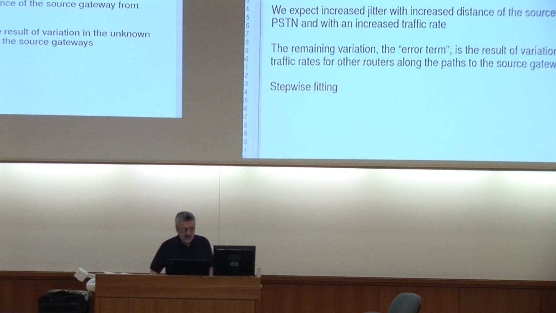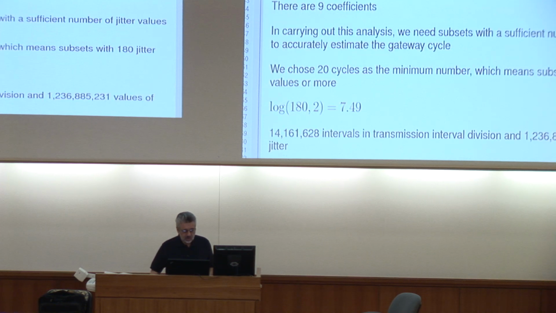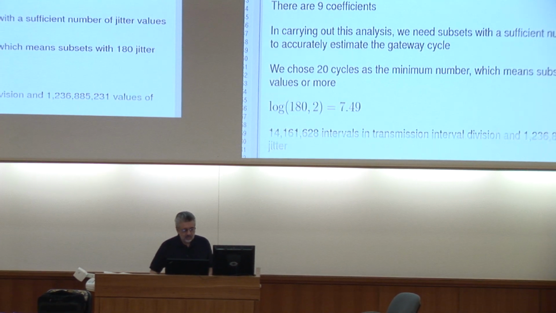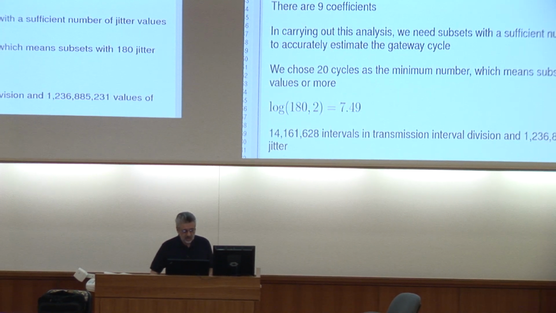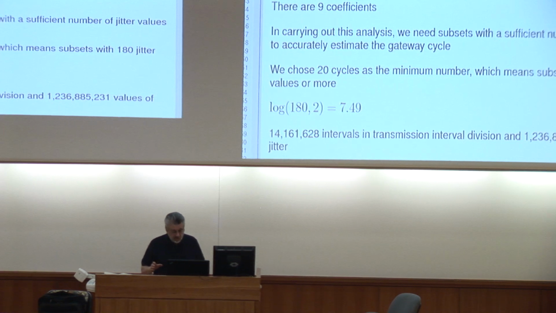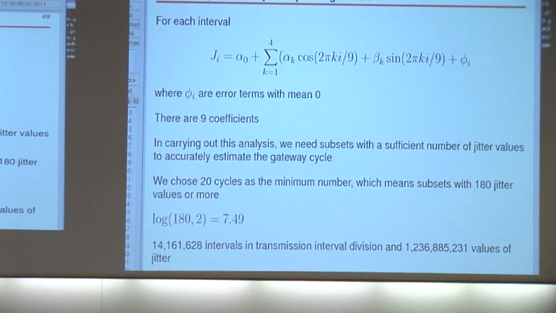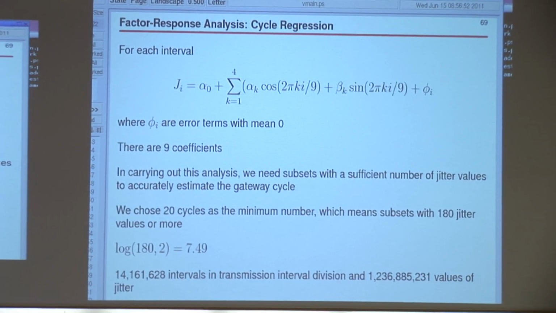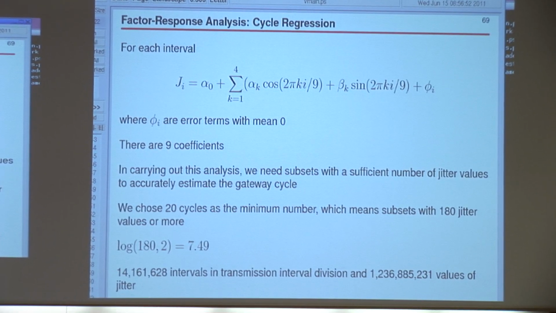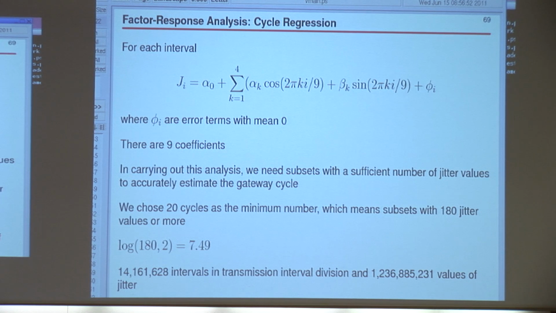I guess I'm saying this a little bit late, but what happened was that we didn't take all 14 million intervals. Remember, what we're trying to do is understand what's going on here.